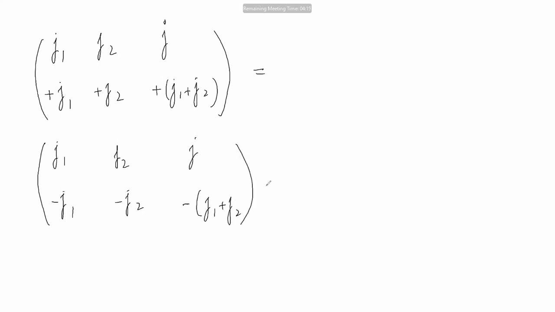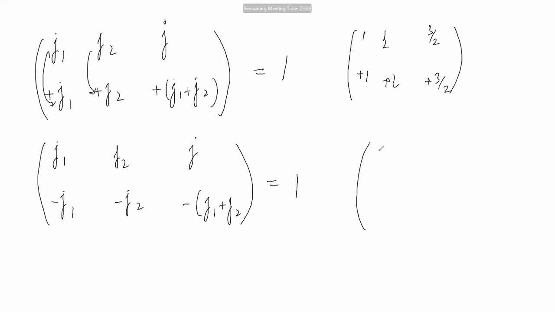What should I write here? One. Yes. Why? Because 1 plus 1 is maximum, half plus half is maximum. This is algebraically added. Therefore, this will decide what the value of j should be, and the only possible value of j will be 3 by 2.